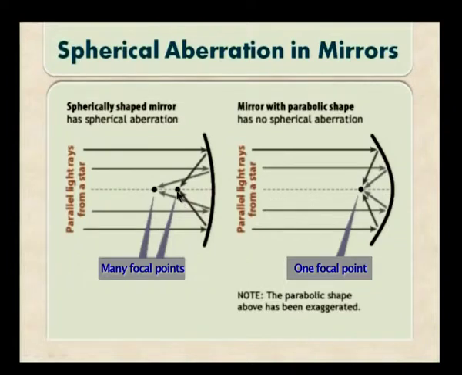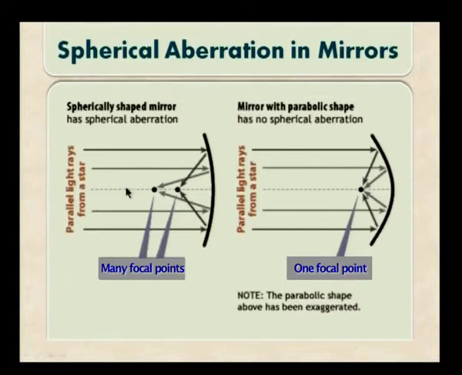Whereas, these light rays that are nearer to the optic axis, right, this light ray is called a paraxial ray. These two light rays are paraxial rays because they are very close or parallel to the optic axis. All of you know this is the optic axis, right.